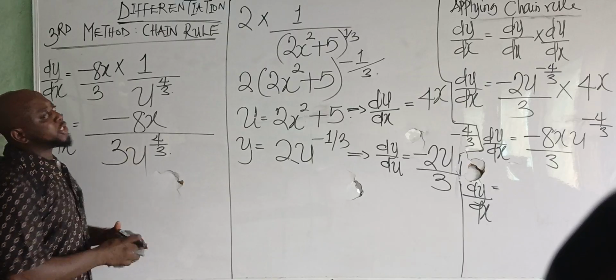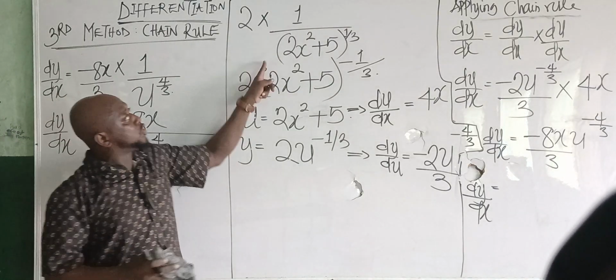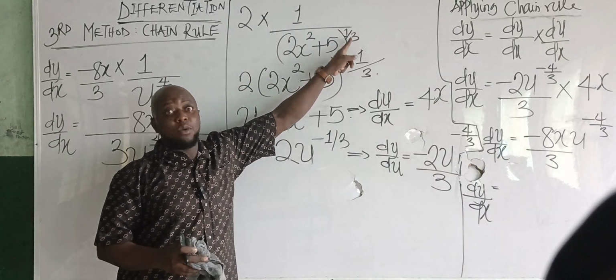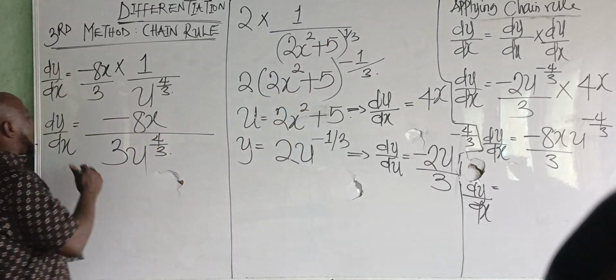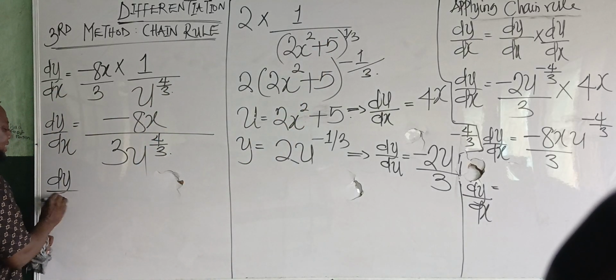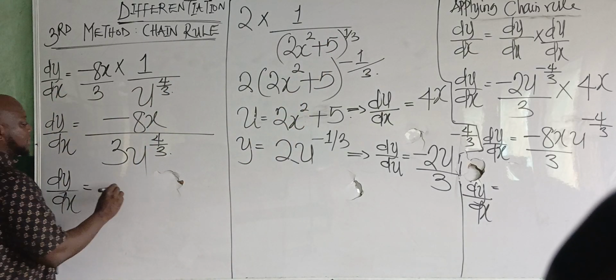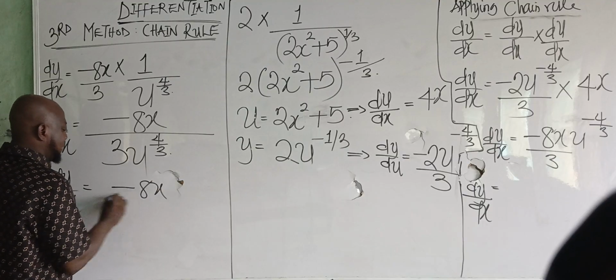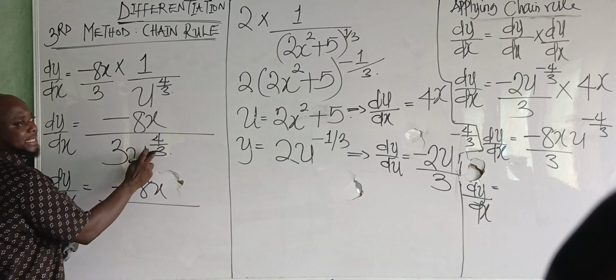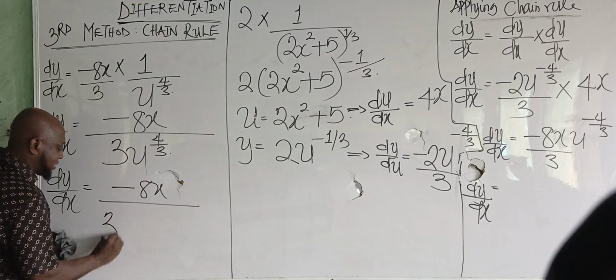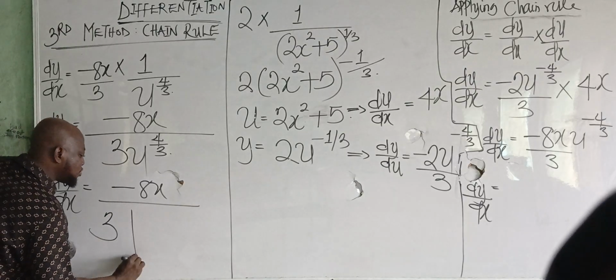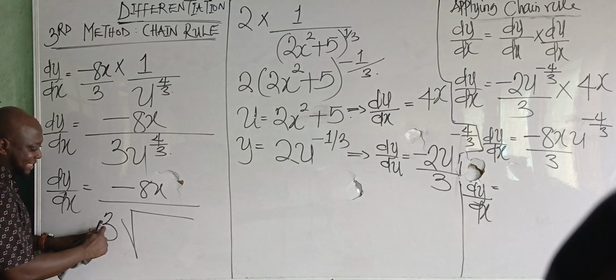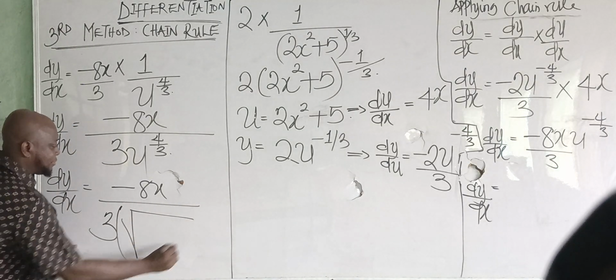Because the question came in the form of a root, and we are the one that removed the root, I'm going to take it back into the original form, that is, the root form. So that will give us minus 8x all over, and this is how you do it. I'll write this 3 out first, then put a root outside it. Remember, this 3 is outside, so let's put it in a bracket like this.